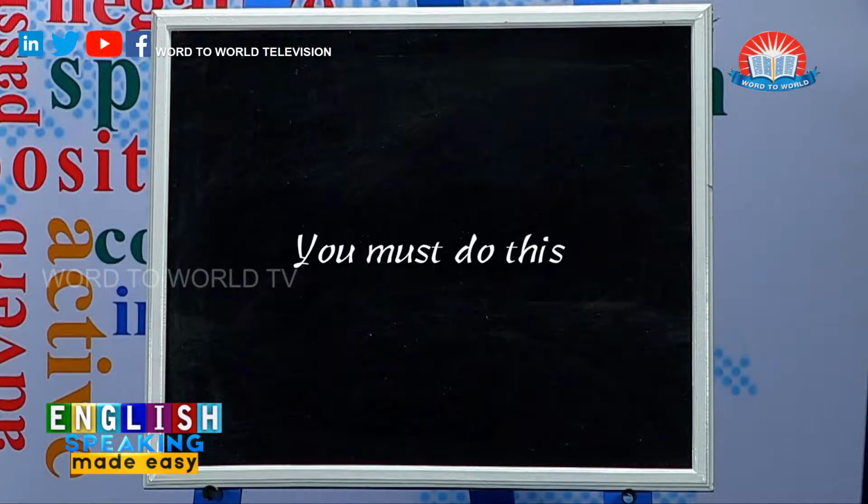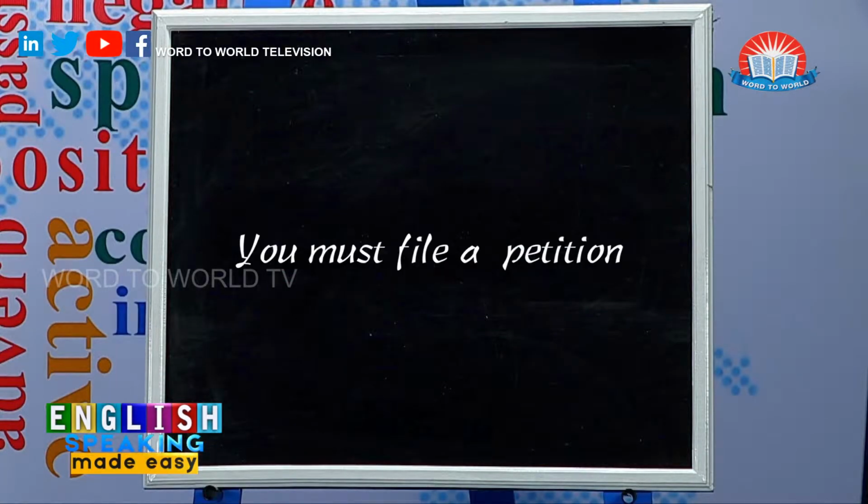Now, generally, this is used primarily in the future and the present tense. When you say you must do this, you must file a petition. So, it is definitely used in the present and the future, but there are some instances when must can refer to the past. But when it is used in the past, it is used with the present perfect of the main verb.